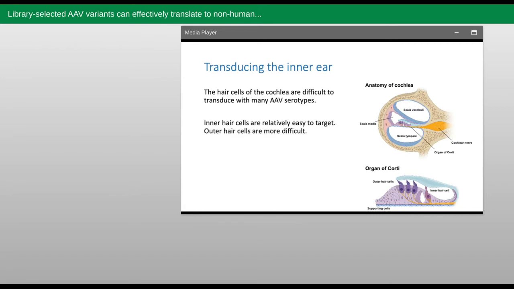Now, transducing the inner ear with AAV isn't trivial, and the hair cells of the cochlea in particular can be difficult to target. Many serotypes, wild type and modified, are able to target inner hair cells, but outer hair cells in particular are quite difficult. And for inherited forms of hearing loss, targeting both inner and outer hair cells for the most part is required to rescue functional hearing.